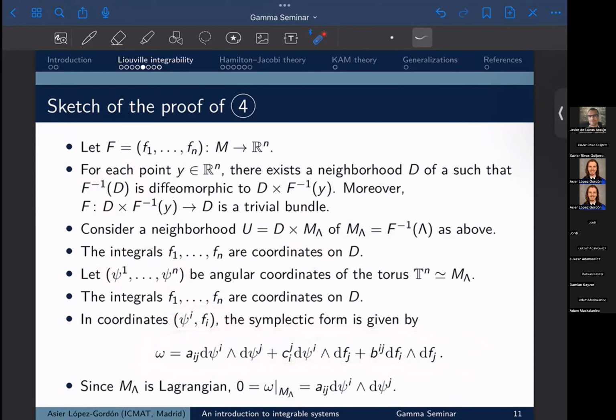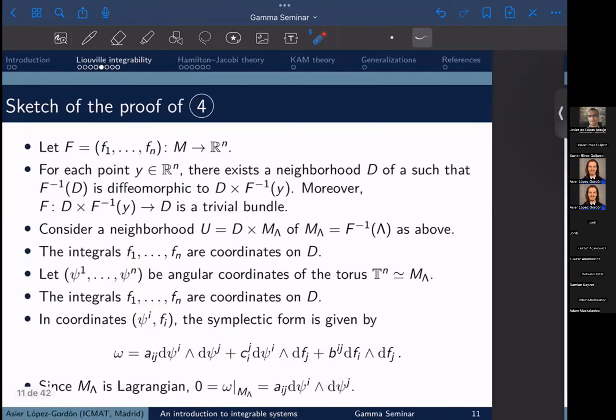But then we make some observations. First of all, M lambda is Lagrangian. So if we restrict omega to M lambda, it must vanish. Restricting to M lambda means that the functions Fj are constant. So we don't have this term, we only have this term, so this must vanish.